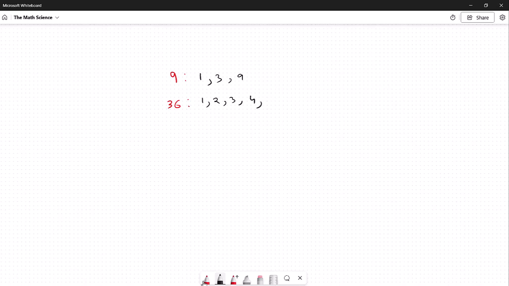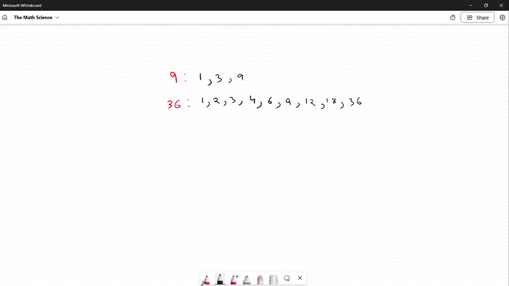We can also divide 36 by 6, 6 times 6 is 36. And then 8 times 4 is 32, so it's not divisible by 8. 9 times 4 is 36, so 9 is a factor of 36. Then 12 times 3 is 36. 18 times 2 is 36, and then 36 times 1 is 36.